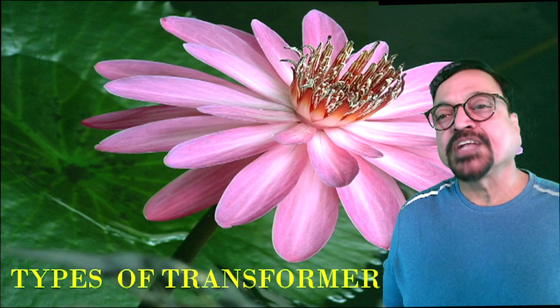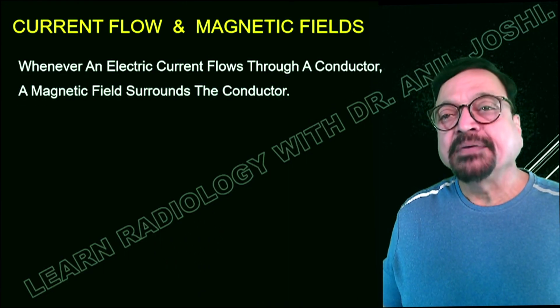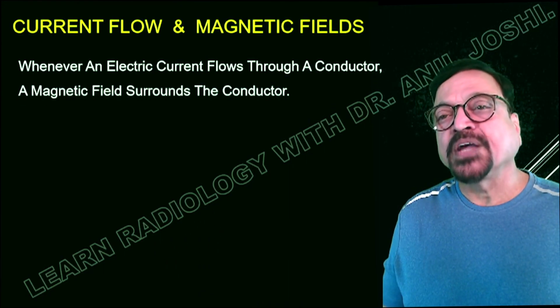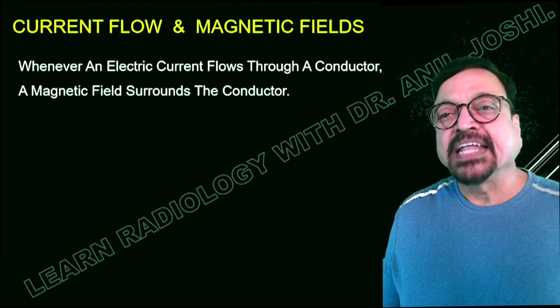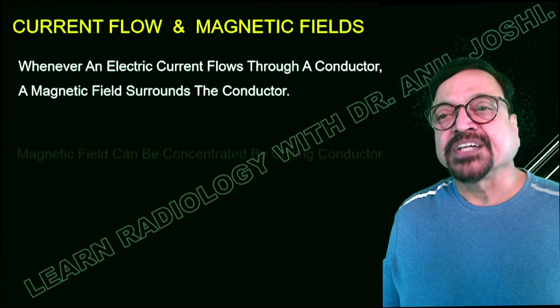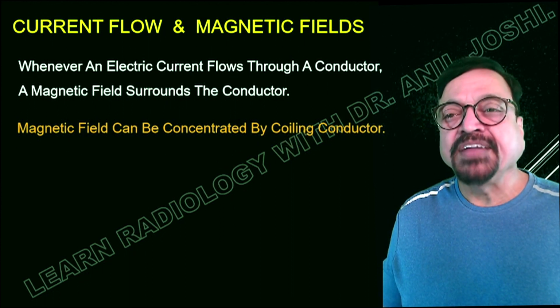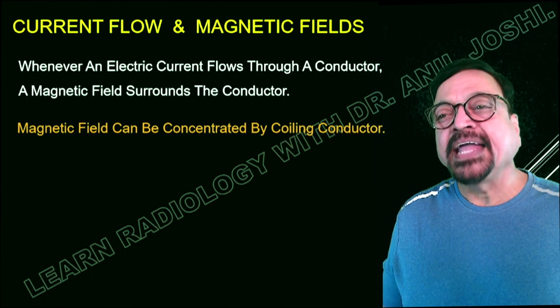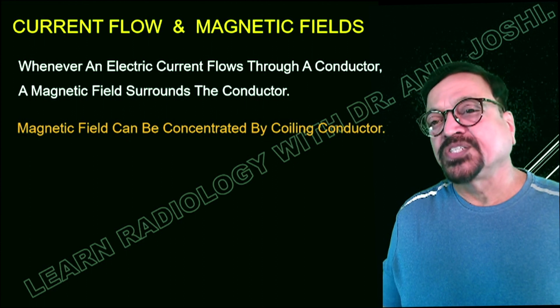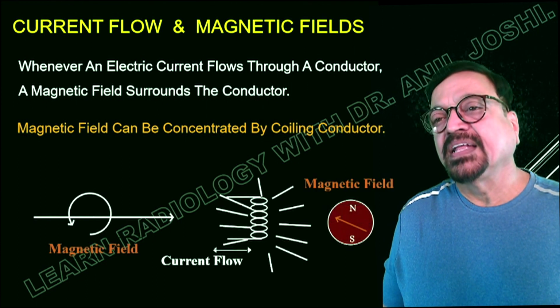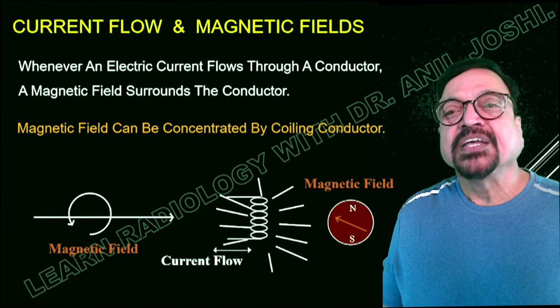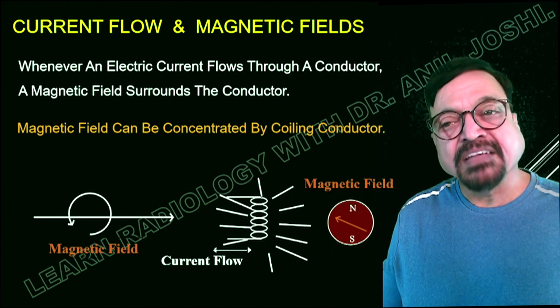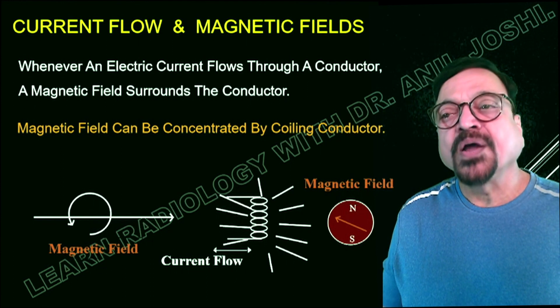Now what are the types of transformers? Whenever an electric current flows through a conductor, a magnetic field surrounds that conductor. Now the magnetic field can be concentrated by coiling conductors.